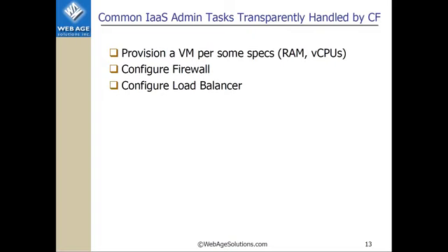So I would like my application to have the underlying VM with so much memory and virtual CPUs. You can also, on demand, provision a number of instances of that specific type.